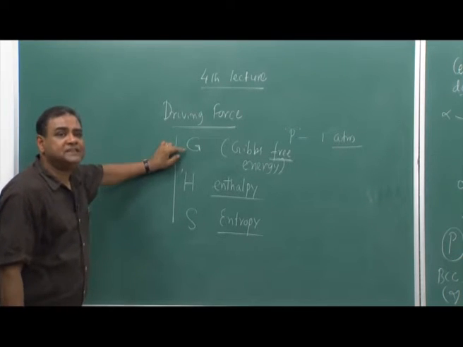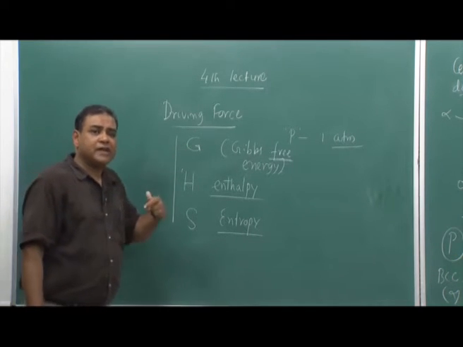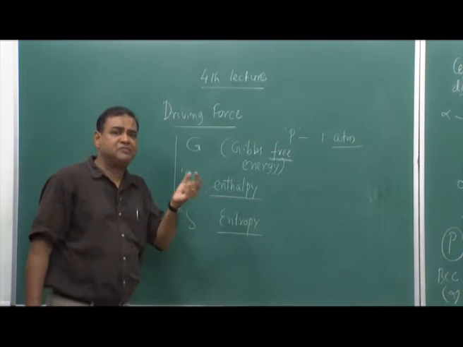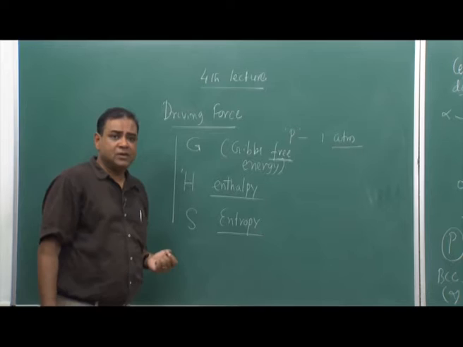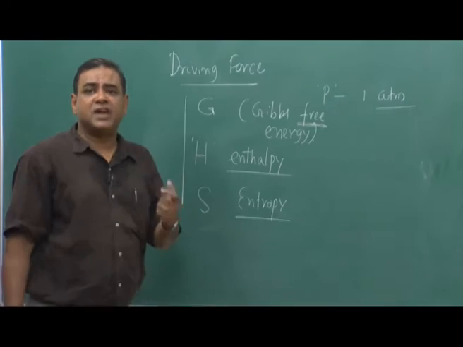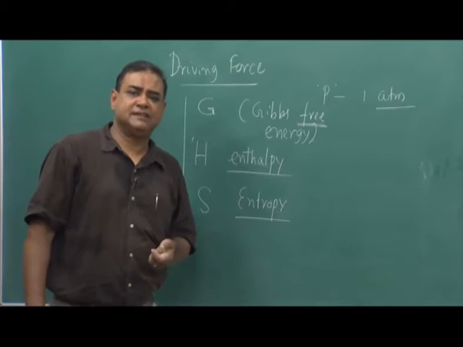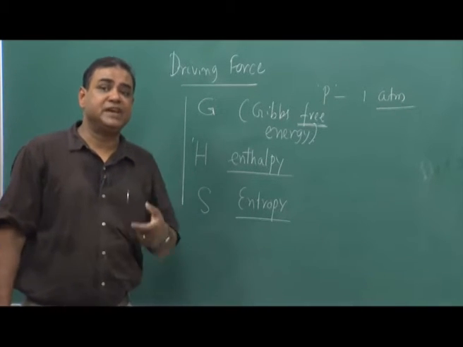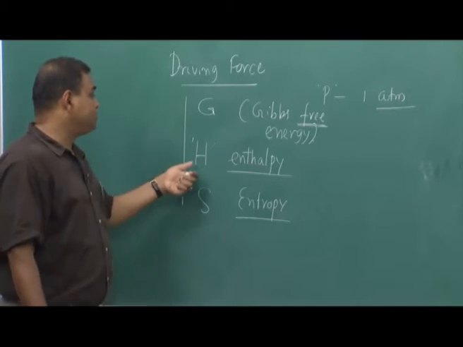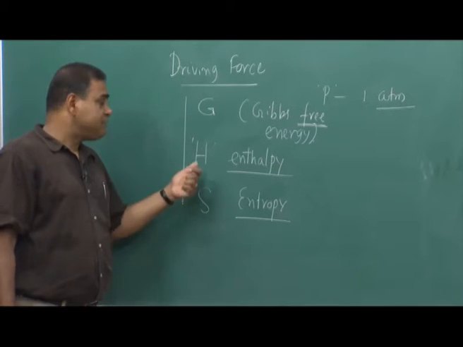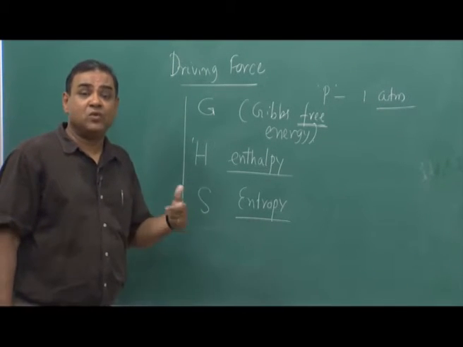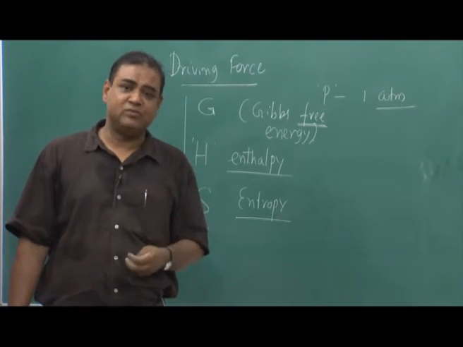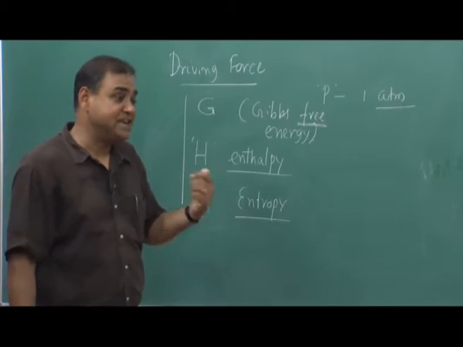Absolute values of these functions cannot be obtained. At the same time, we need to have some measurable quantity, which we can measure with the help of some experimental facilities, and then use that quantity in order to find those functions. Whenever we try to find those functions, we find the change in values.